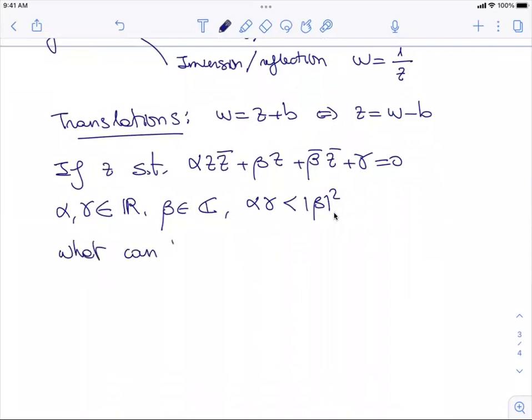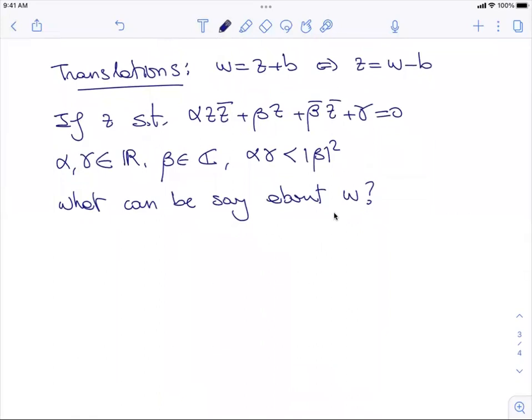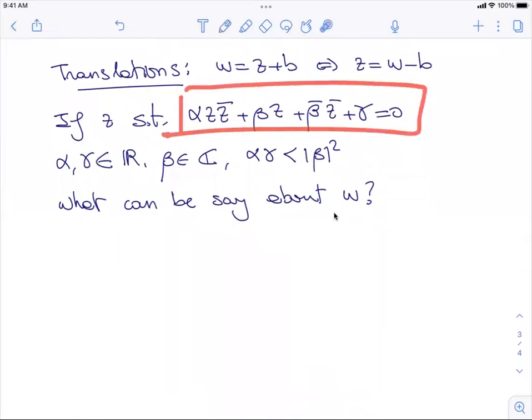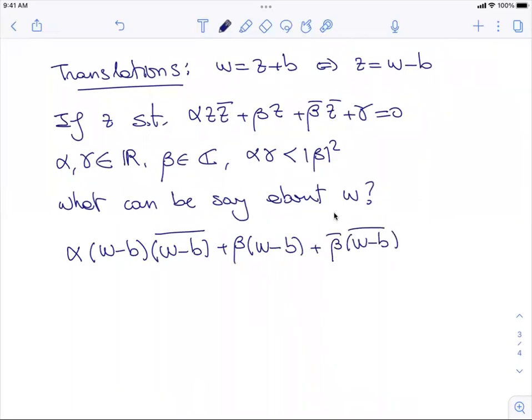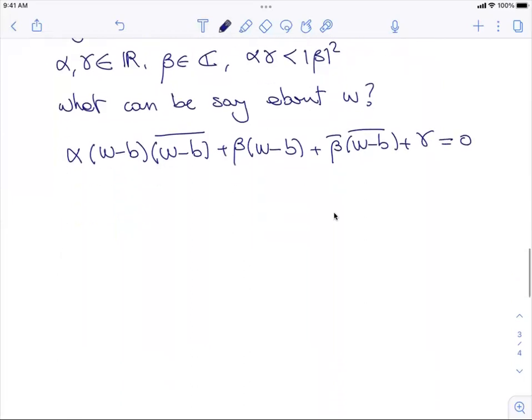What can we say about W? Okay, but this is very easy because once we know Z verifies this, and we can write Z in terms of W, we just plug in and see what happens. So this is alpha (W minus B)(W minus B bar), plus beta (W minus B), plus beta bar (W minus B bar), plus gamma equals 0.